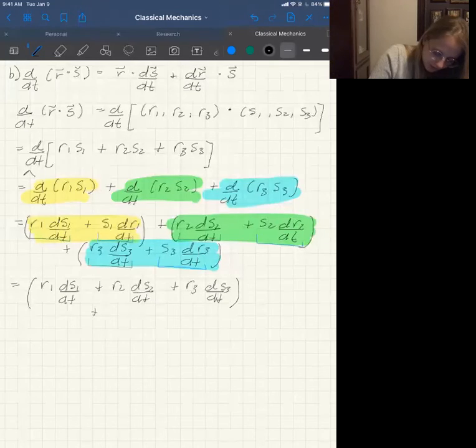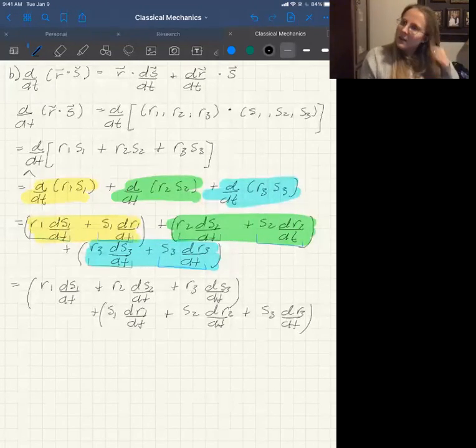Then I'll add to that S1 times the derivative of R1 with respect to time plus S2 times the derivative of R2 with respect to time plus S3 times the derivative of R3 with respect to time.